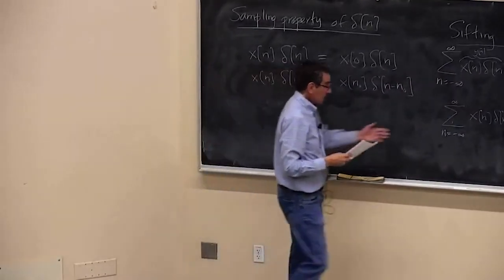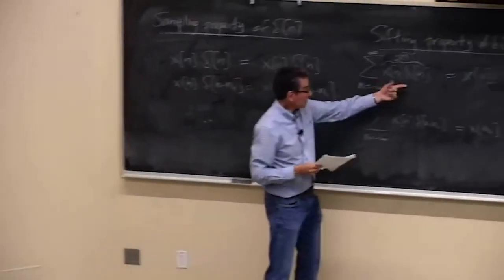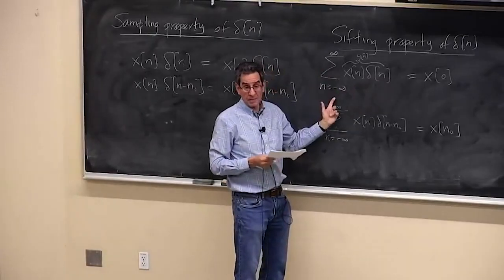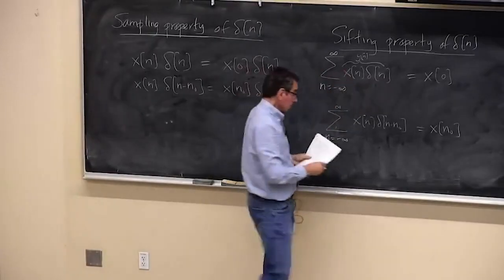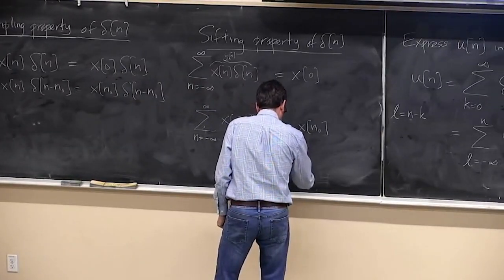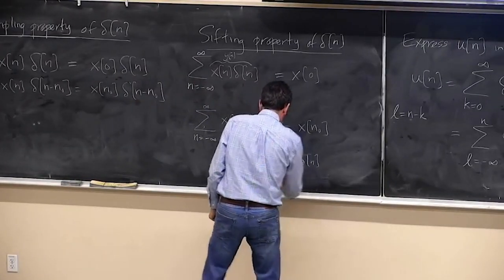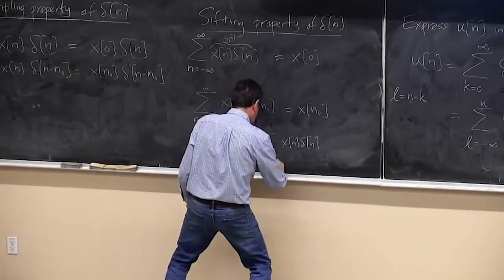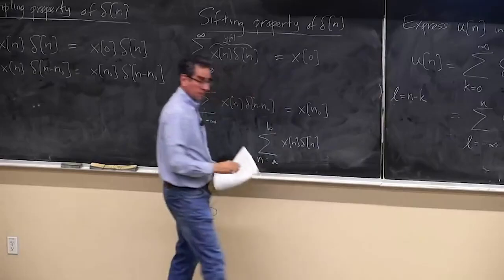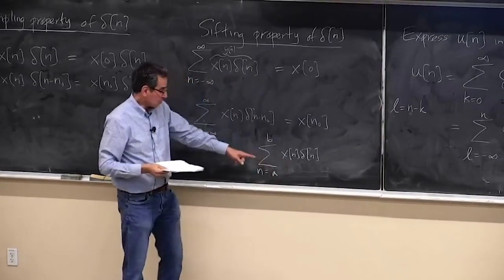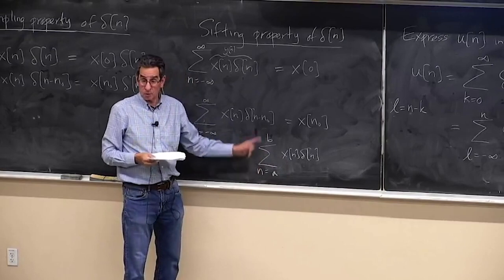And then you can think about generalizations of this. If I take this signal and I sum over a different interval, not from minus infinity to infinity, but looking at maybe the sum of x of n delta of n from n equals a to b, two other integers, well, the sum is going to be determined by whether n equals 0 is in this interval or not.